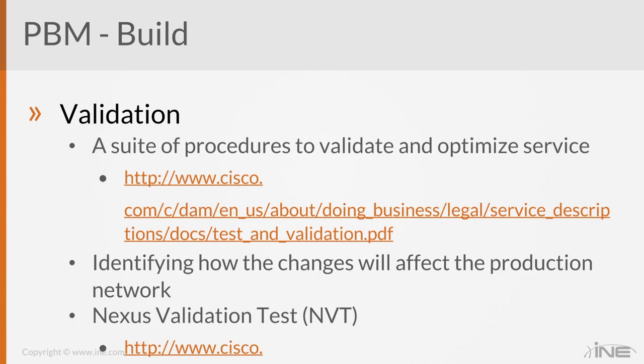If you go on Cisco's website and you pull the test and validation PDF, you'll see they have a lot of products to validate the design. If you're going to actually validate your design yourself, well, you need to identify how the changes will affect the production network. So you validate that if you put it on site.